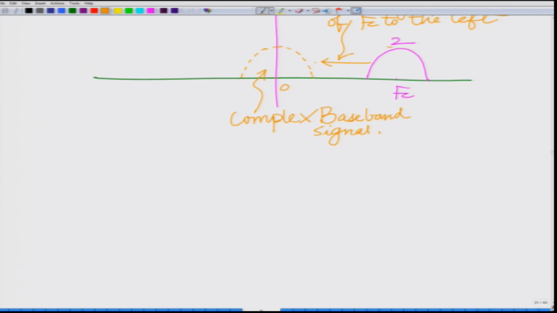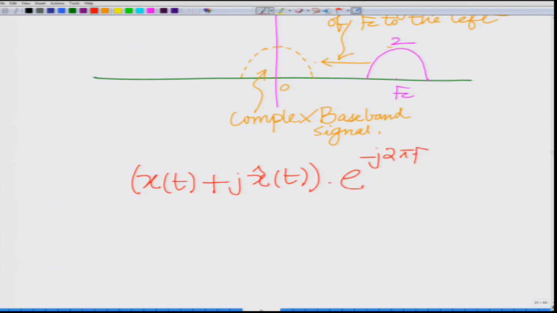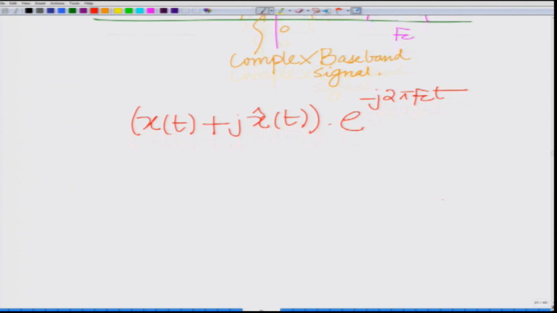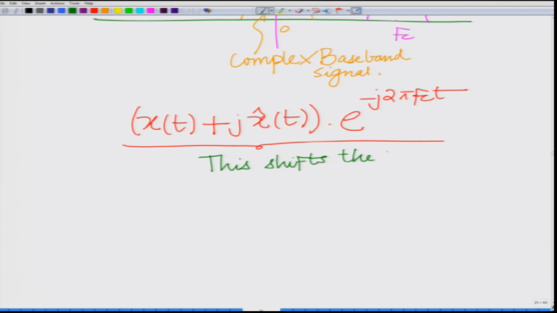So, basically now if I look at this complex pre-envelope and modulate it with e to the power of minus j 2 pi Fct, this shifts the spectrum to the baseband, that is around 0 frequency.